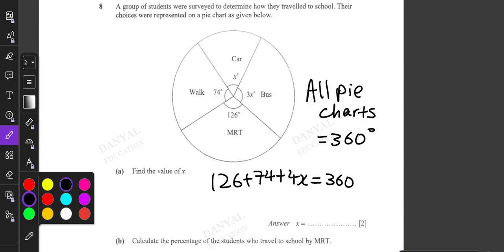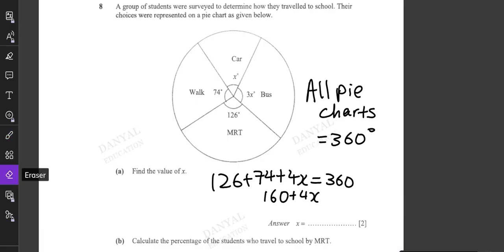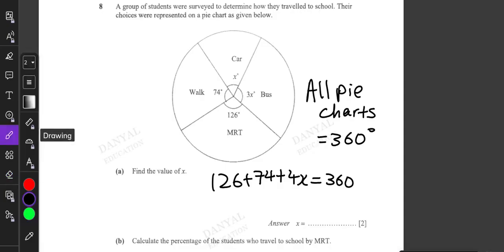So then you will take 360 minus 126 minus 74, which will give you 160 equals 4x. Okay, 4x is 160.